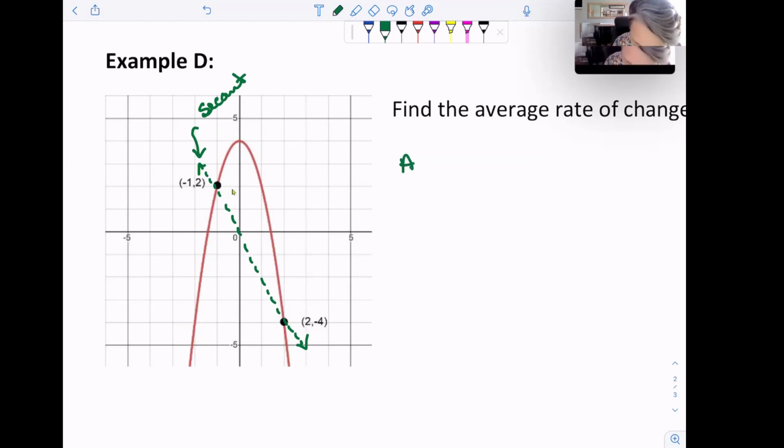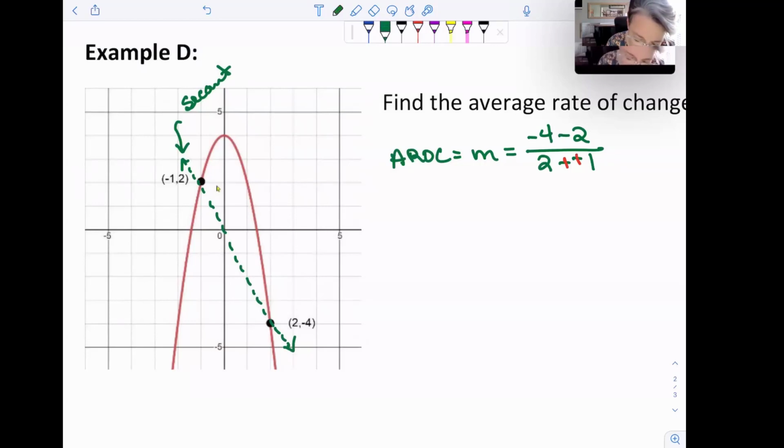And so to find the average rate of change, basically find the slope between those 2 points. So we can subtract our y values. We have -4 minus 2 on top, and then subtract our x's, 2 minus -1. So negative is plus positive. So that gives us -6/3, which gives us an average rate of change of -2.